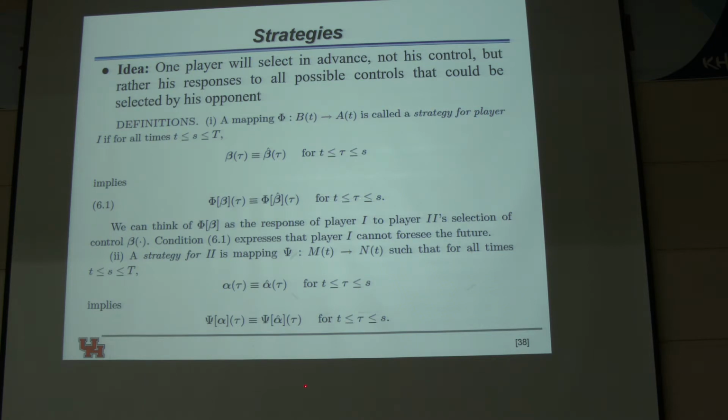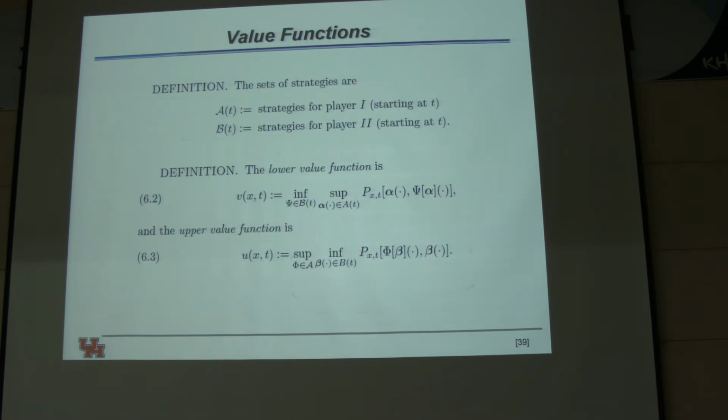And vice versa for this other user, we call it proceed. And then, okay, so this is the side of the strategy, and we have the lower value function and upper value function.